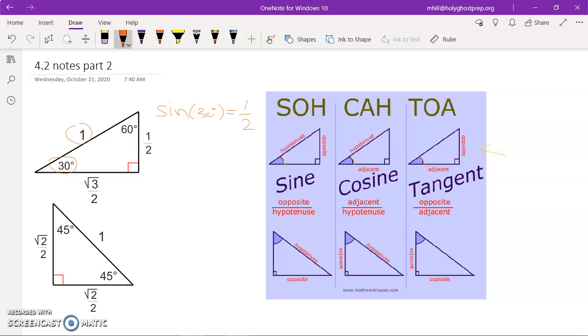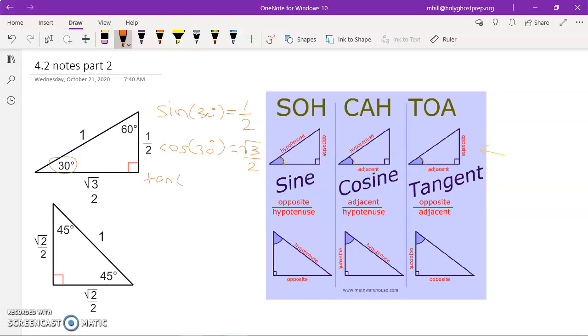Our hypotenuse is 1. So that is awesome because 1/2 divided by 1 is just 1/2. So we don't need to worry about dividing by 1. For cosine of 30 degrees, it's adjacent, √3 over 2, over hypotenuse, which is 1.